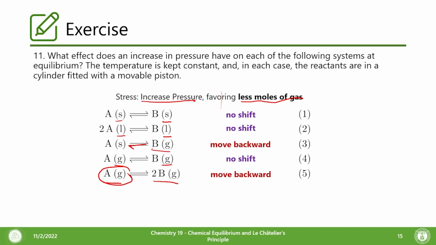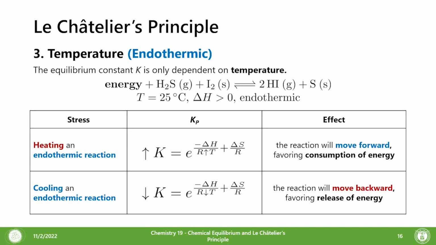Okay. So now let's go to temperature. Recall that I emphasized in some experiments that we have 2 types of reactions in most cases. We have endothermic and exothermic reactions. Okay.